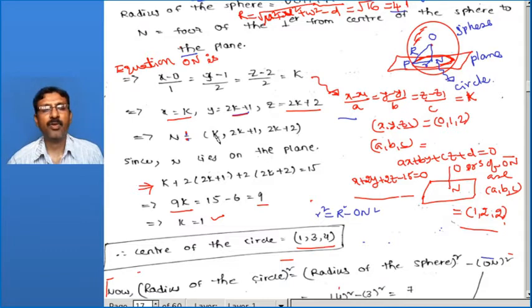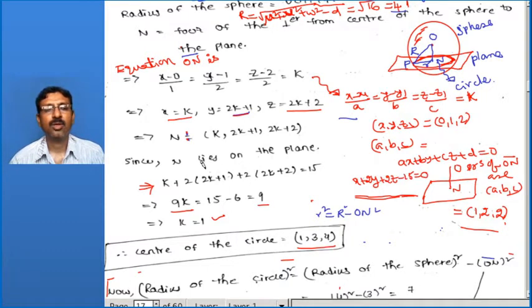To find the value of k, we use the clue that N, the center of the circle, lies on the plane. Therefore, we substitute the point N in the equation of the plane. Here the equation of the plane is x plus 2y plus 2z minus 15 equal to 0. Substituting N in the plane equation, k plus 2 into (2k plus 1) plus 2 into (2k plus 2) equal to 15.